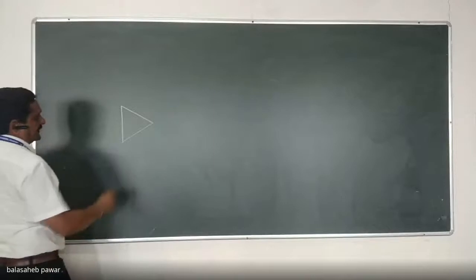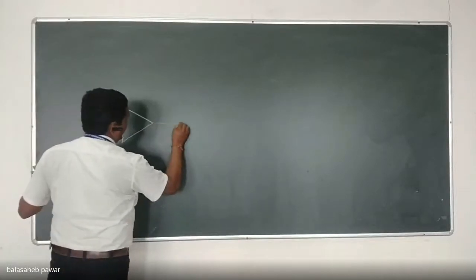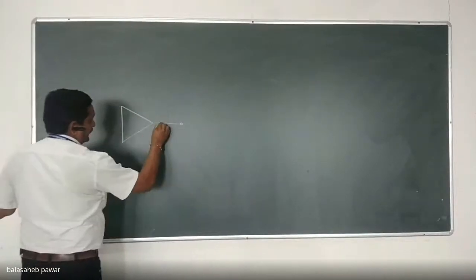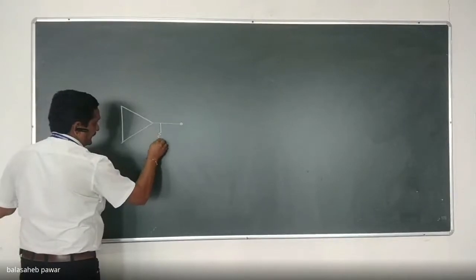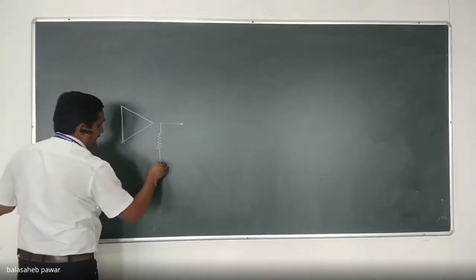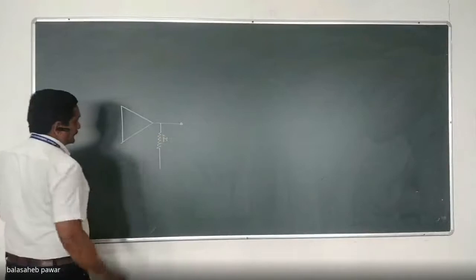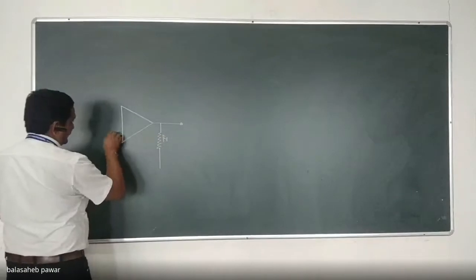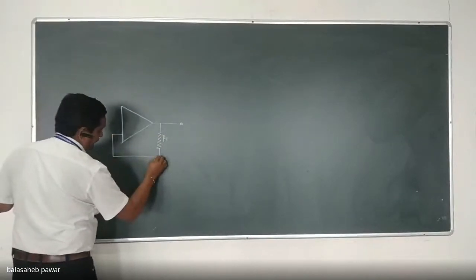We only have to change the feedback factor. I will draw R1 as it is, as in the symmetrical Schmitt trigger, like this.